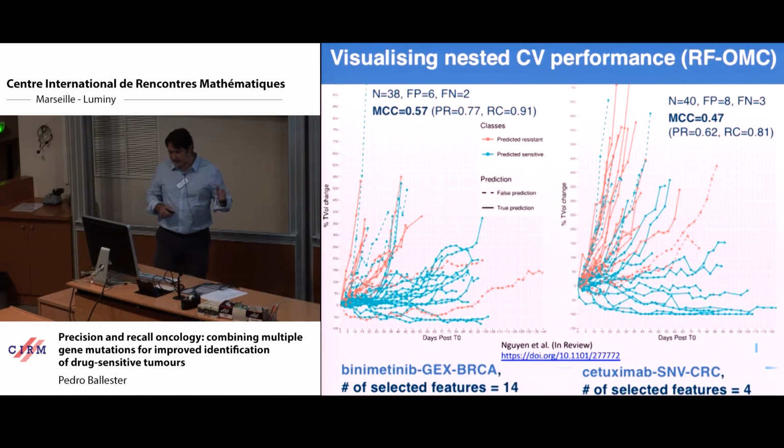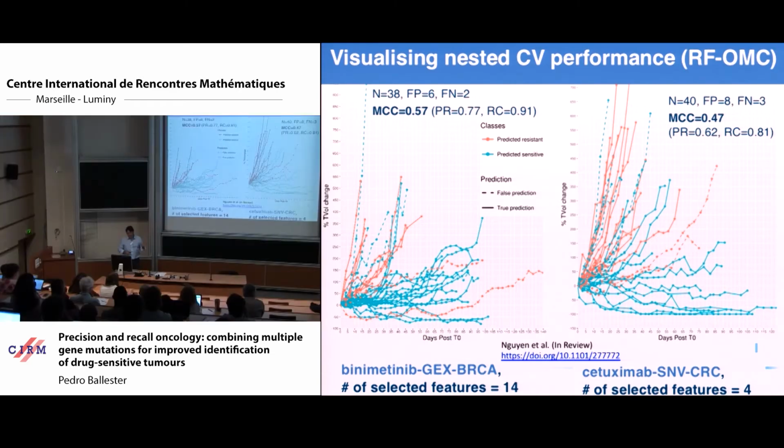So these are just 2 examples of the best models that we got with this data. For binimetinib, using gene expression on breast cancer, the model selected 14 features.